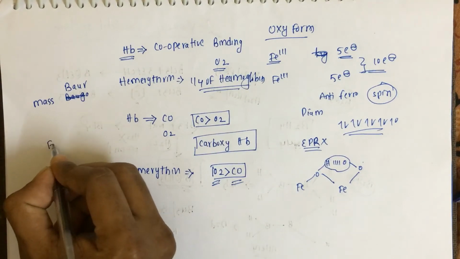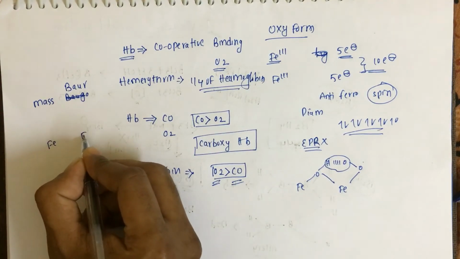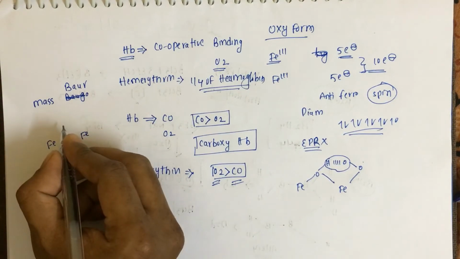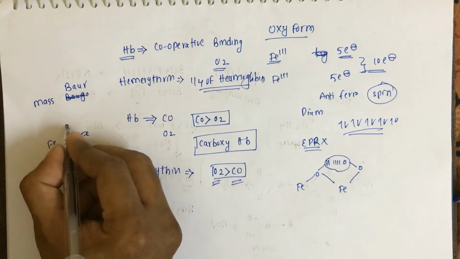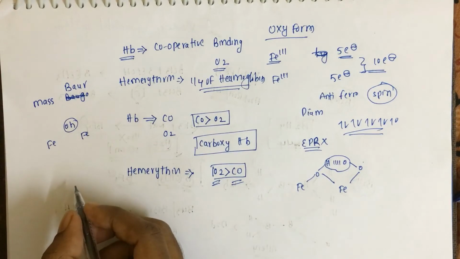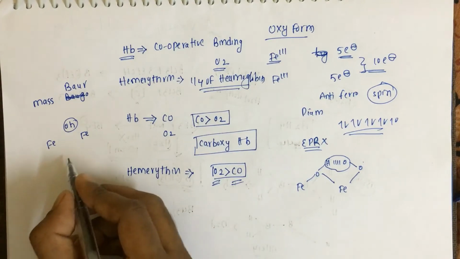We have two iron atoms, and both iron atoms have a close to octahedral form. It is not a perfect octahedral form, but close to octahedral.